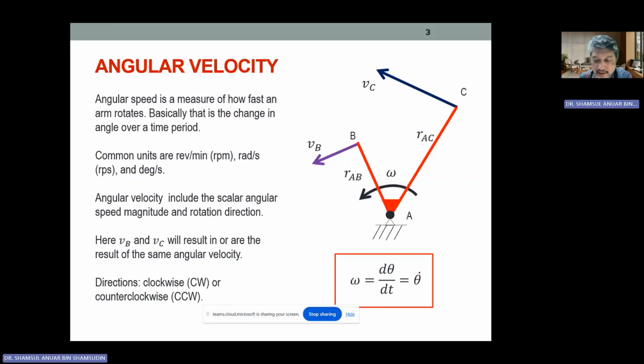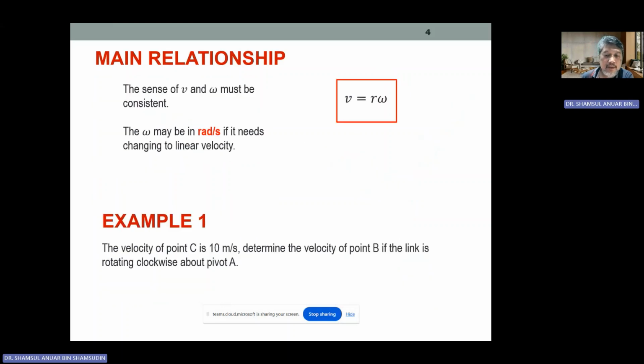So omega is the differentiation of the angle with respect to time. Sometimes it is shown as theta dot, but in this class, the notation that we are going to use is omega, which looks like a W. The relationship between linear velocity and angular velocity is shown in this example: V equals R omega.